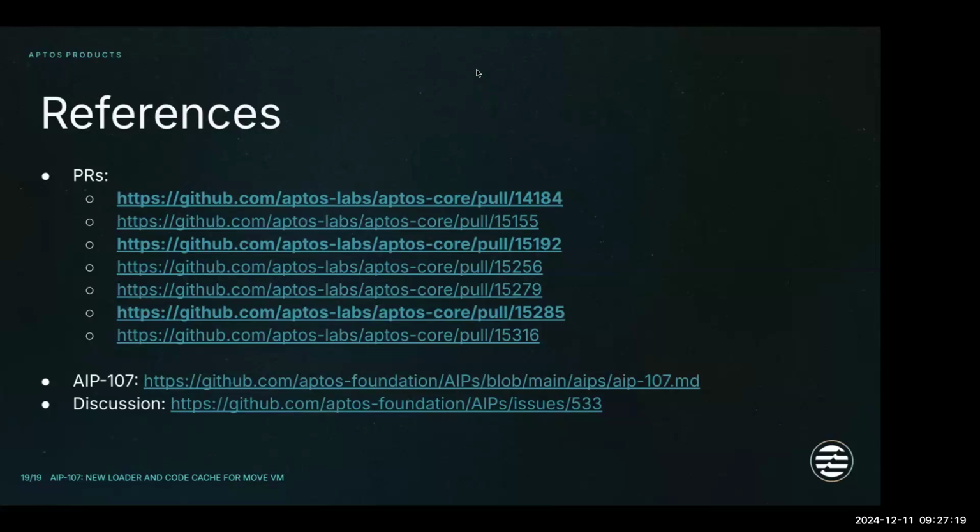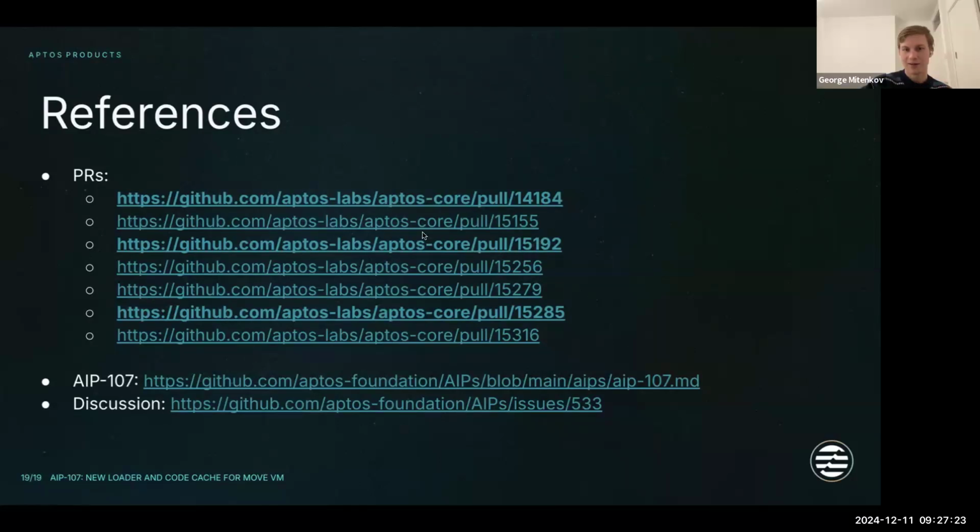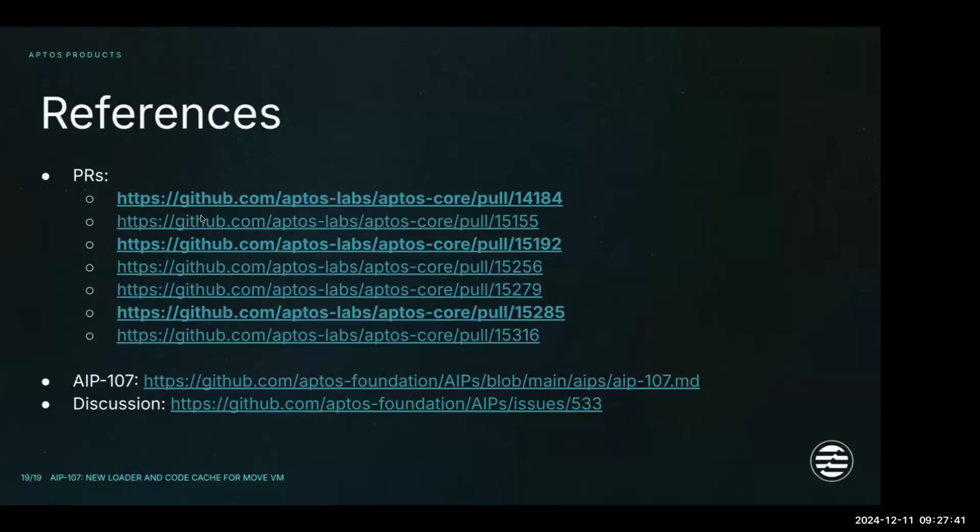I'll take a look at the repo. I think at least the 3 links in bold are definitely in the AIP. The non-bold links are basically very small pull requests, which are not really relevant to the actual implementation, just nits. But I'll update the AIP for completeness.